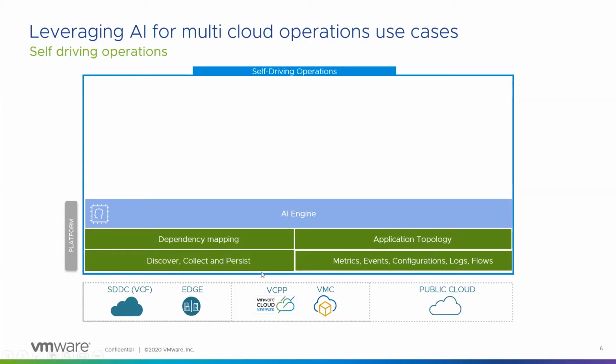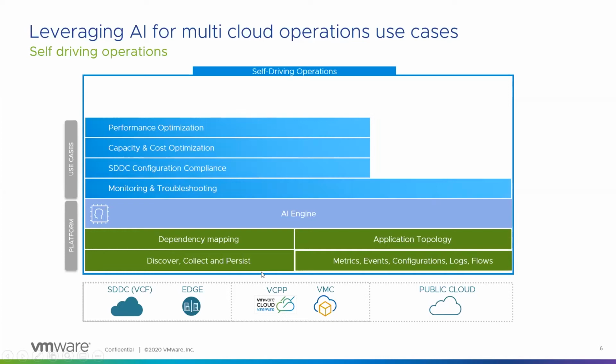Now, once this AI engine is crunching through a lot of data, the algorithms at the end of the day help you get to certain use cases. I mean, as a customer or as a user, you don't care about what the algorithm is. What you care about is the outcome, and those are these use cases for the administrator who's trying to monitor or manage an environment.